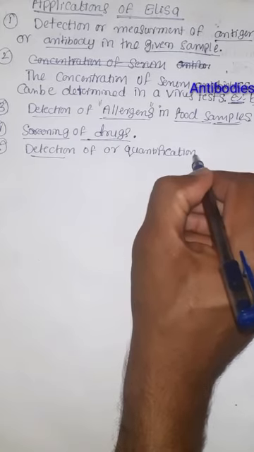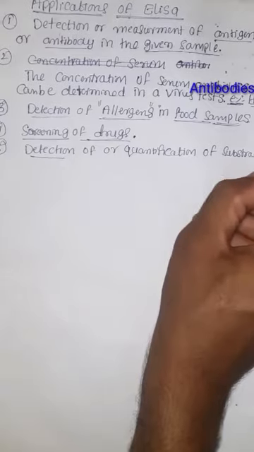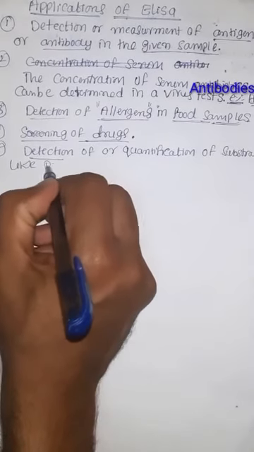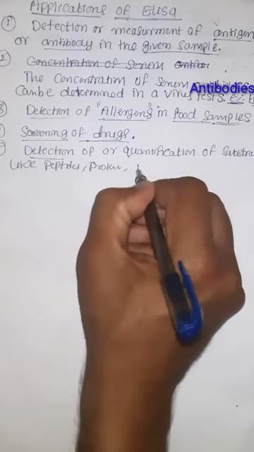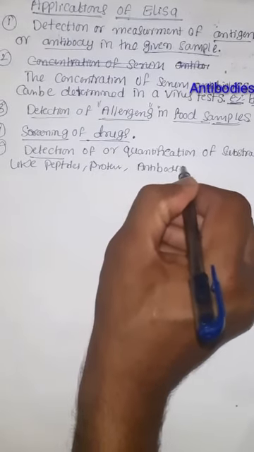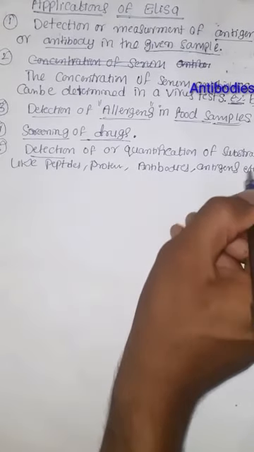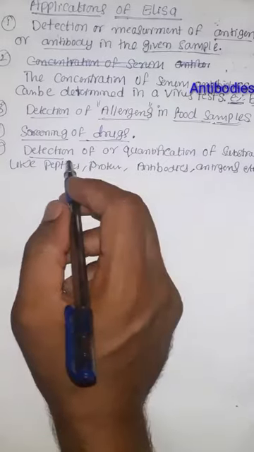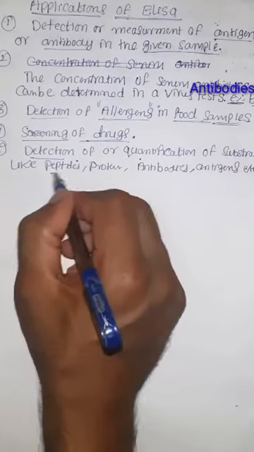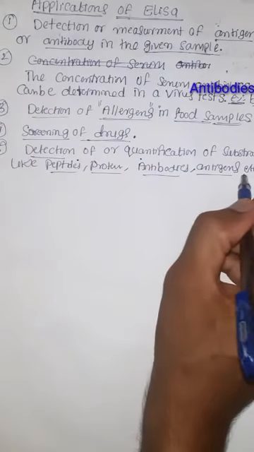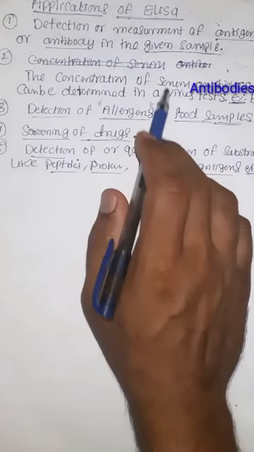Detection or quantification of substrates like peptides, proteins, antibodies or antigens, etc. The test is useful to detect or to quantify substrates like peptides, proteins, antibodies, antigens, etc. These are the applications of the ELISA test.